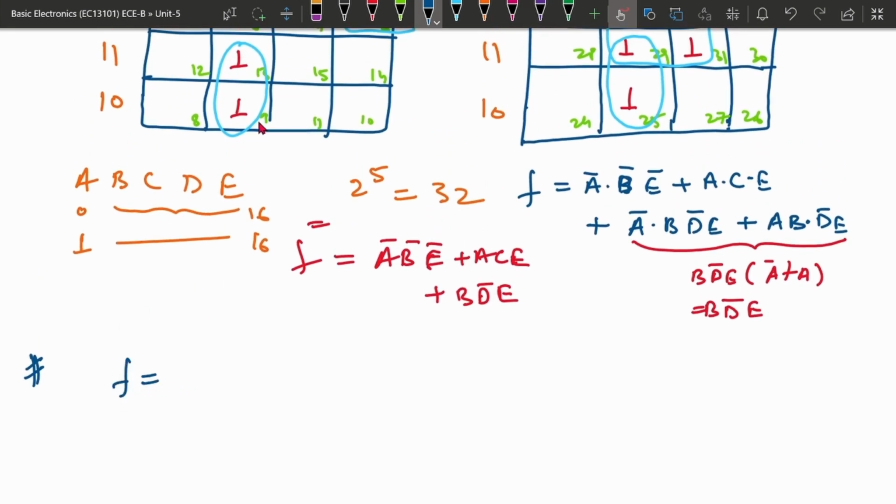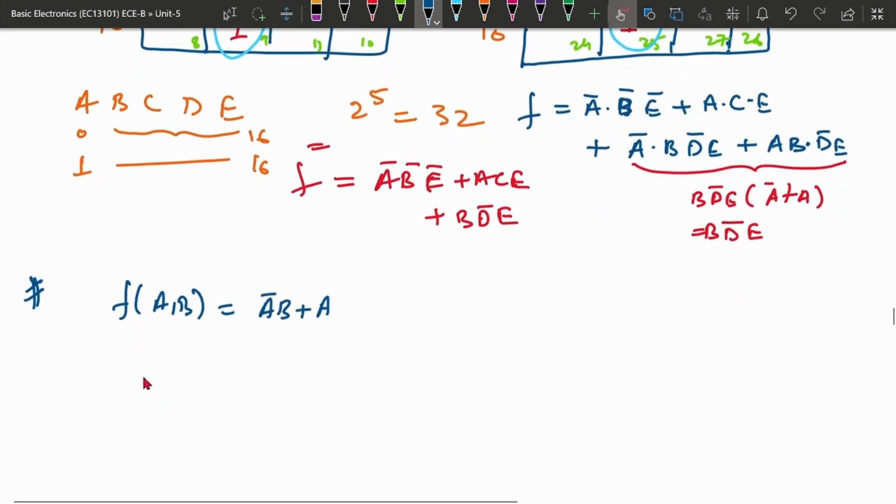Suppose a function is there of 2 variables, A comma B. It is written like AB plus A bar B plus A, if this is how the function is written. So we cannot go with minimization of this, or suppose we have done the K-map.